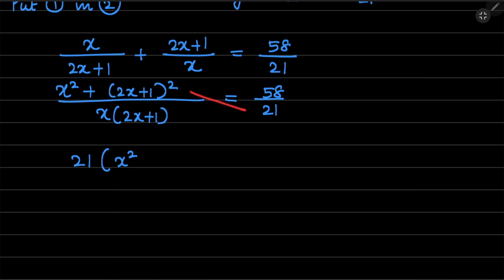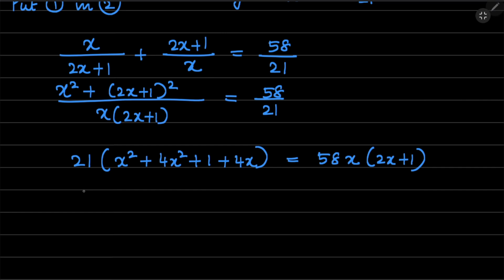See, you are just cross multiplying. 21 multiplied by x square plus, expand it and write it directly, 2x plus 1 the whole square, which is 4x square plus 1 plus 2ab, 4x. 2 into 2x into 1 is 4x, equal to 58x multiplied by 2x plus 1. Let's open the bracket.